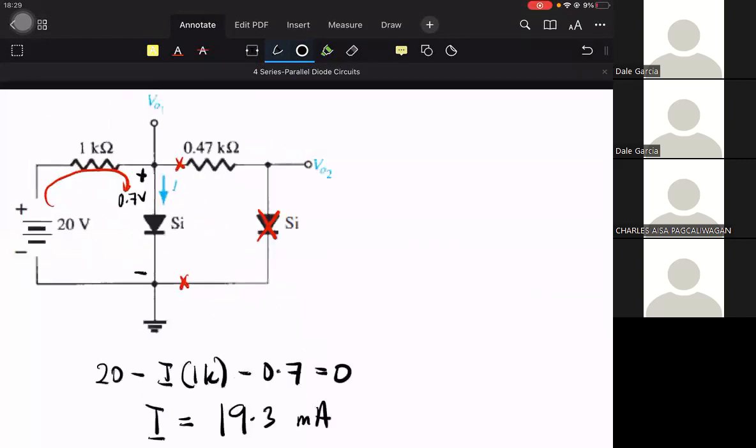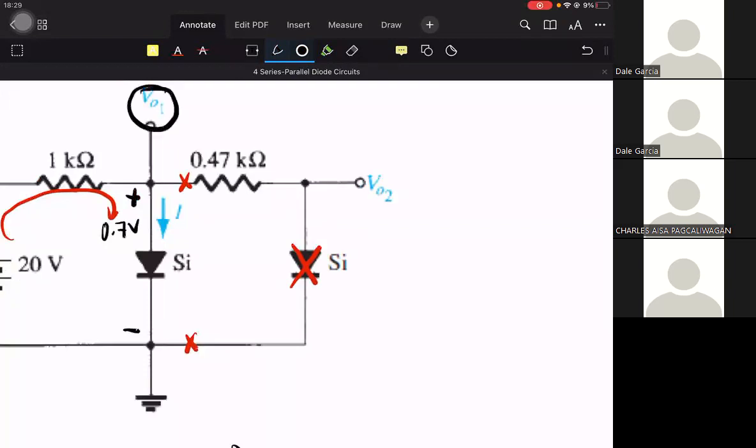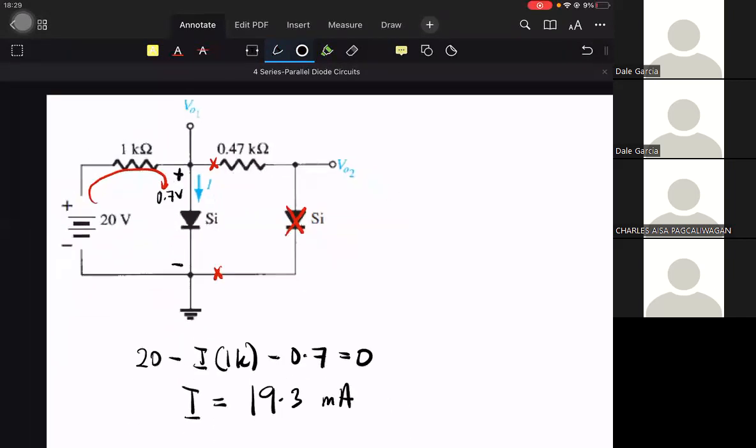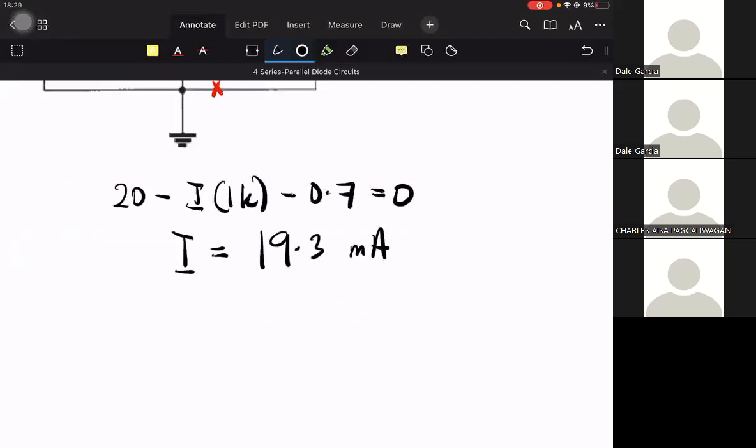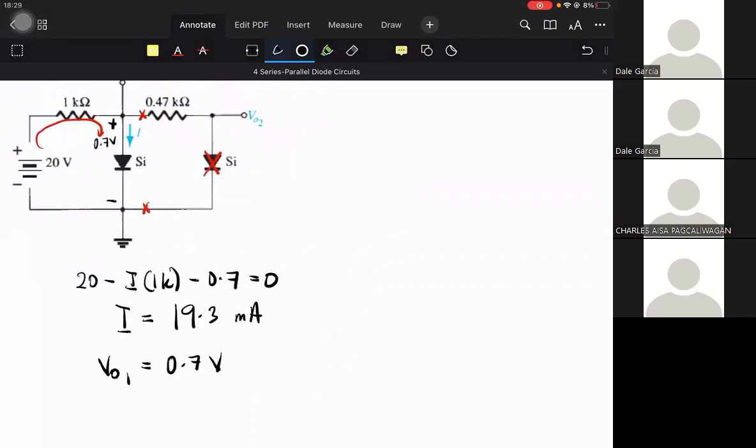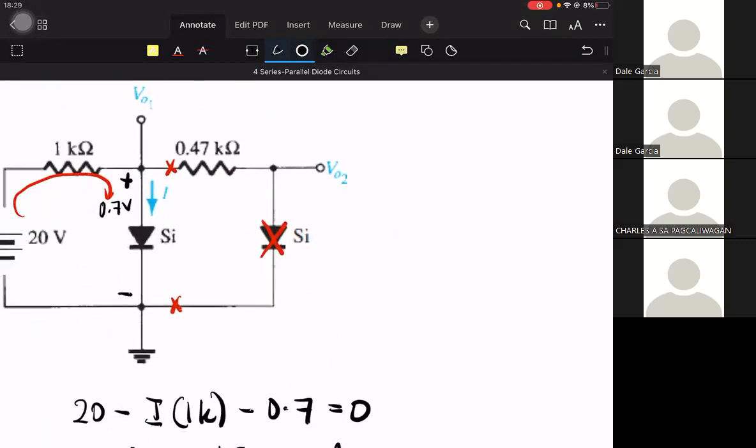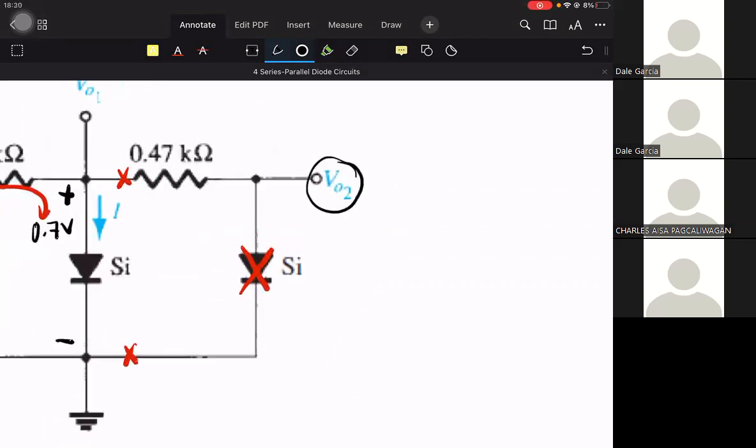So VO1 is the voltage measured at this node, and what is measured is only the voltage drop across the silicon diode. So VO1 is equal to 0.7 volts. As for VO2, is VO2 0? VO2 is this one. It measures the voltage at that terminal.